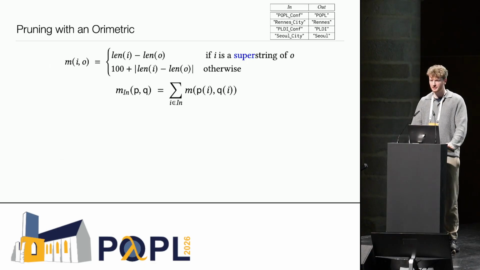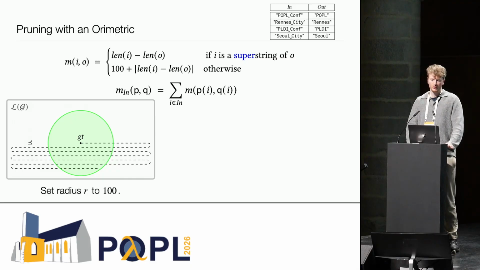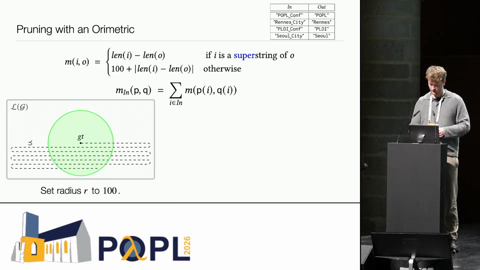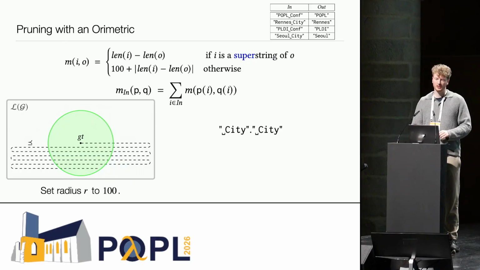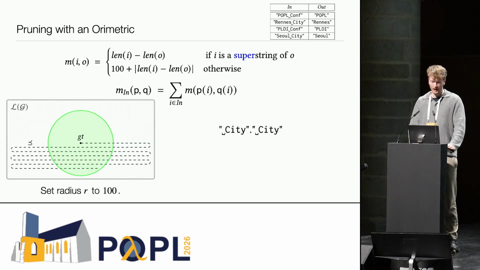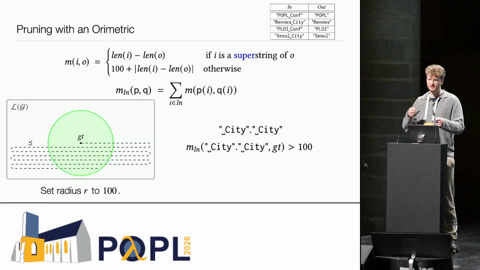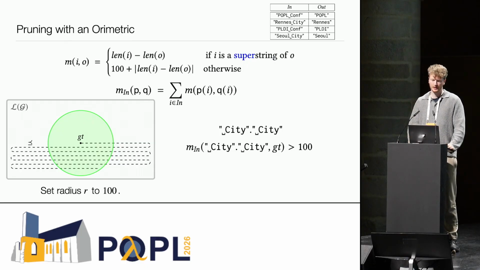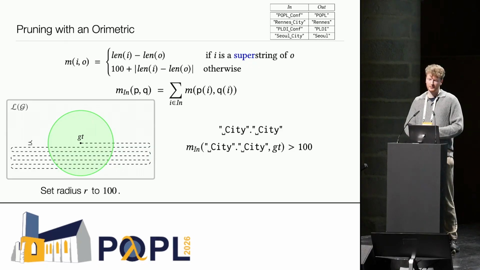Now let's apply this to the example from the beginning. We have the search space again, and we set the radius of our ball to 100. And now we might encounter a program like city concatenated with city. And we want to check, is it inside the ball? So we measure the distance to the ground truth. Now city.city always evaluates to city, city.